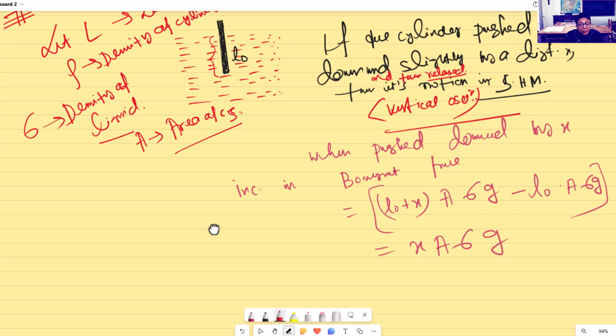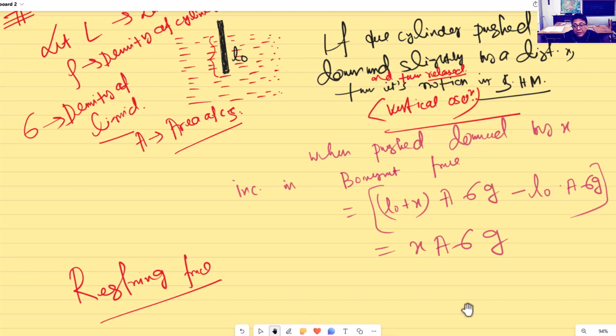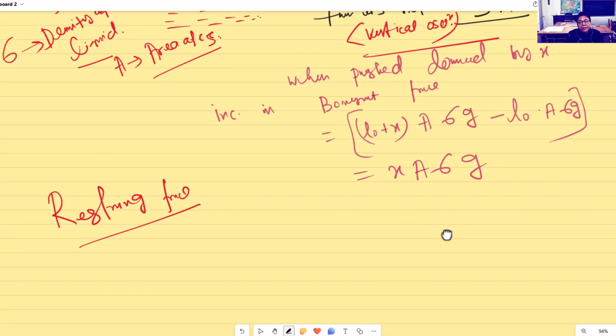How do I write restoring force? Because you have pushed downward, restoring force is in the opposite direction. We will take restoring force negative always. Restoring force is going to be minus x A sigma g.